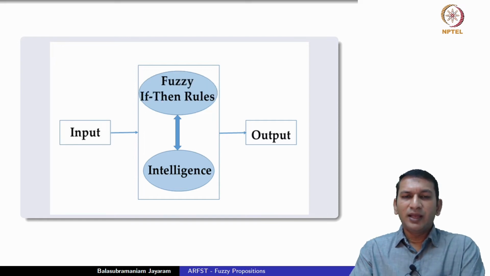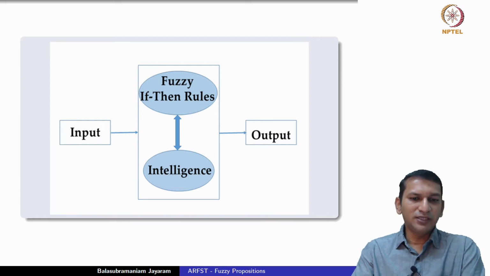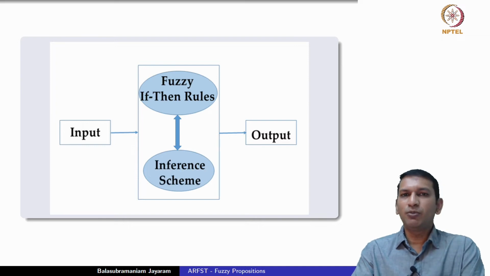Now, in our case, the same thing happens. We are being given an input and we want an output, and in the place of knowledge, we have actually captured this knowledge in the form of fuzzy if-then rules, and we are going to apply intelligence on this. Intelligence is in the form of an inference scheme.